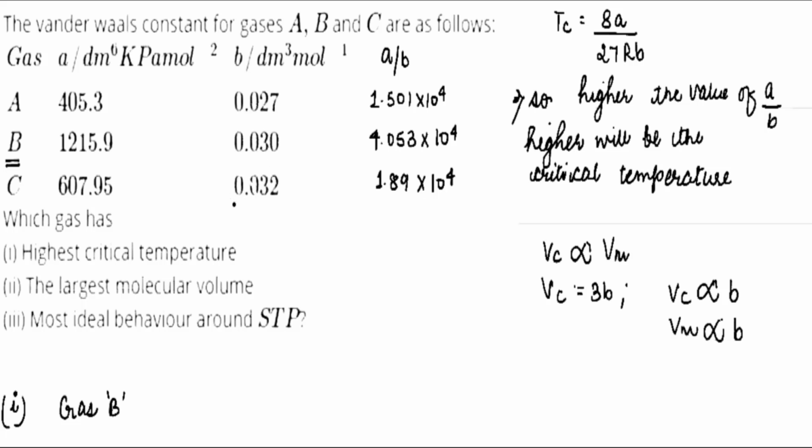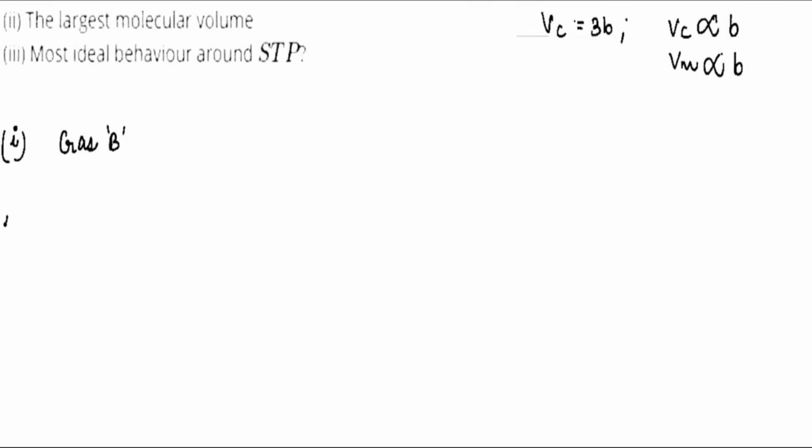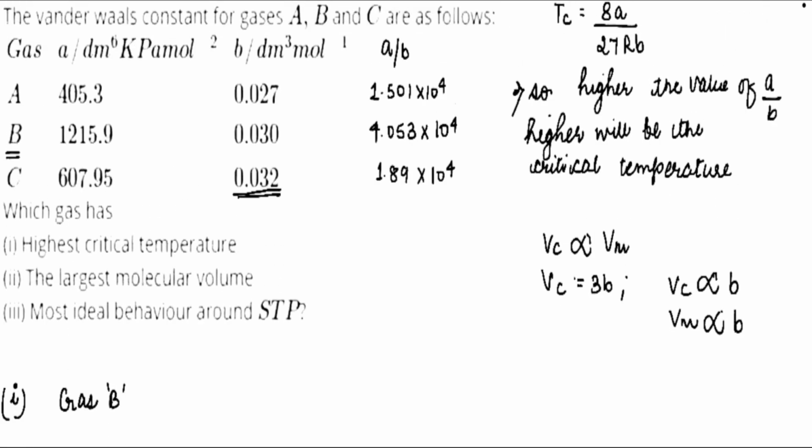The highest B value is of gas C, right? So the largest molecular volume is of gas C, because it has the highest critical volume, because it has the highest B value.